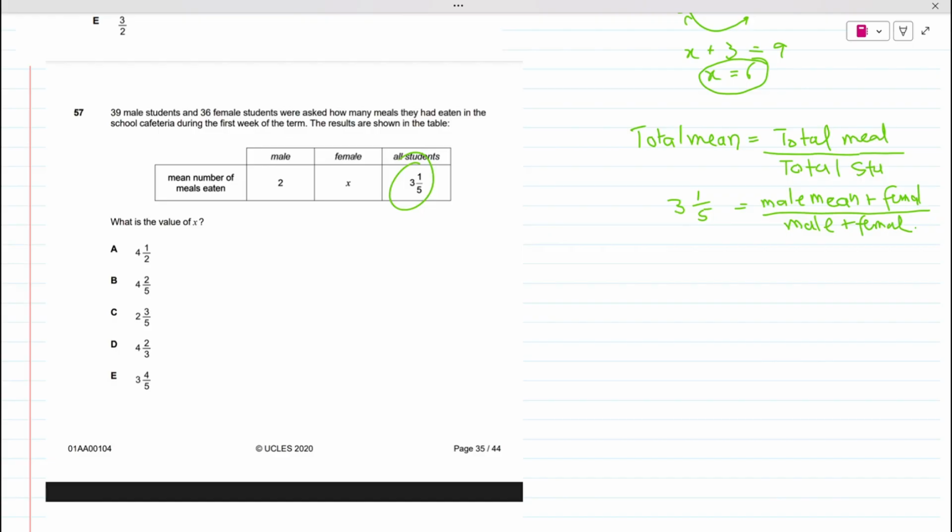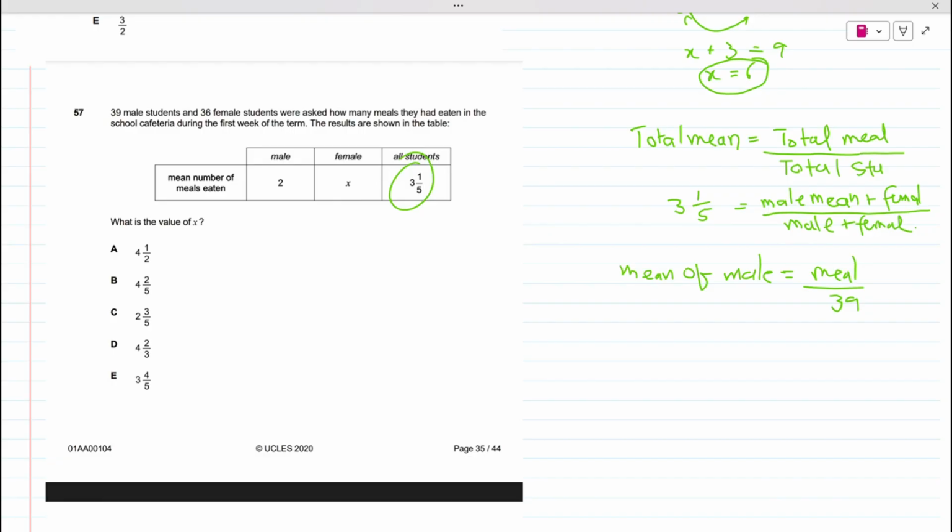Initially, just find the meal of male, right? Because we are supposed to write here mean of male, whatever it is, right? So mean of male. And how are we supposed to find it? The sum of the meal, which I am writing as meal only here for now, and of course the total number of male students, since we are finding for male. And the total number of male students is 39, right? So 39 is written.